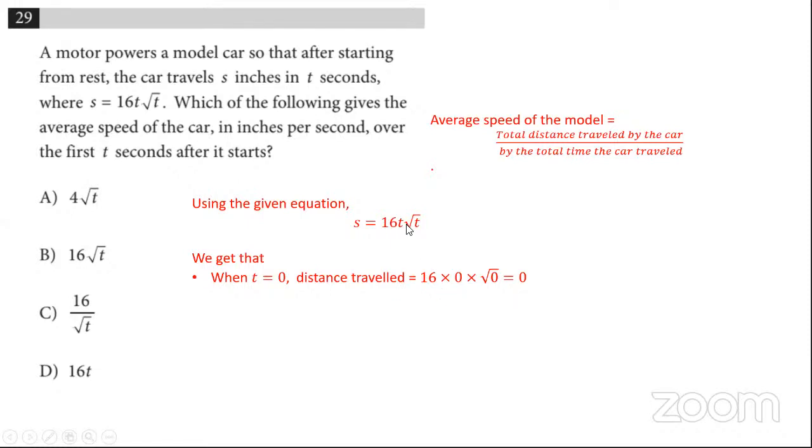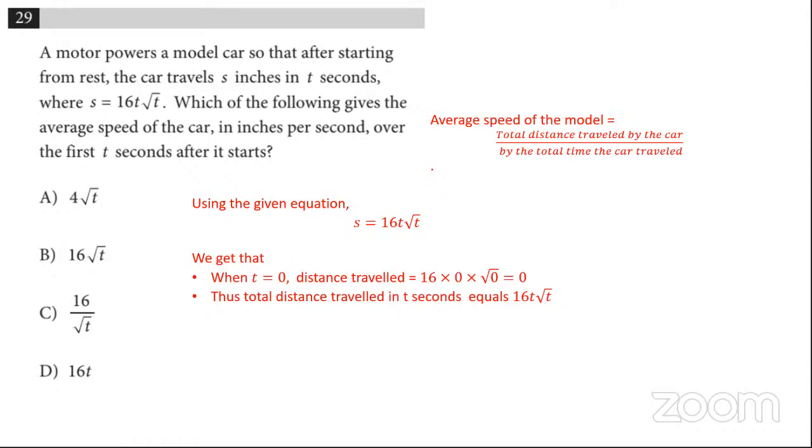Just put the value 0 in this equation and we'll get the distance traveled equal to 0. So the total distance traveled in t seconds will equal 16t root t. There is no confusion there, right? It's basically given. The distance traveled is equal to 16t root t.